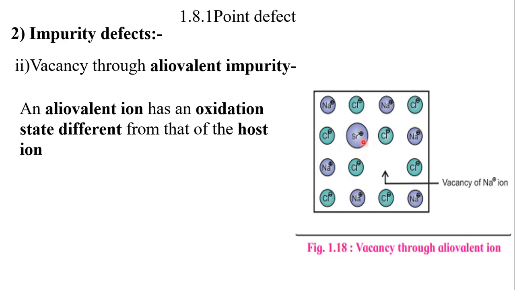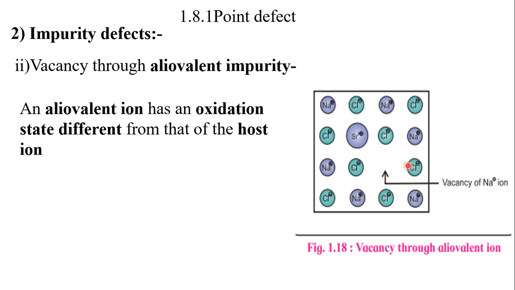During the crystallization process of sodium chloride, if strontium chloride, SrCl2, is added, then it displaces the lattice site of sodium, and here a vacancy is created. Vacancy of sodium ion is created.